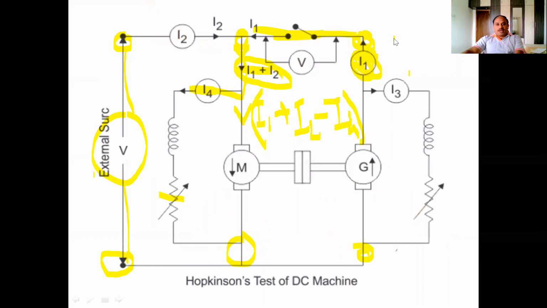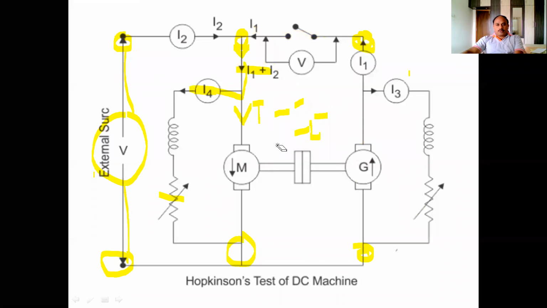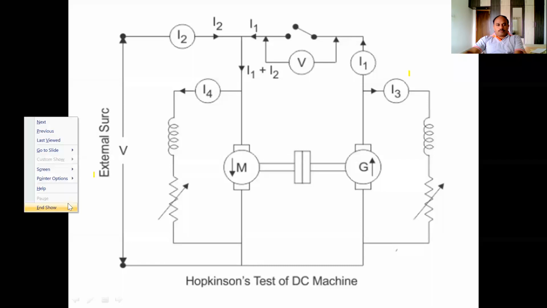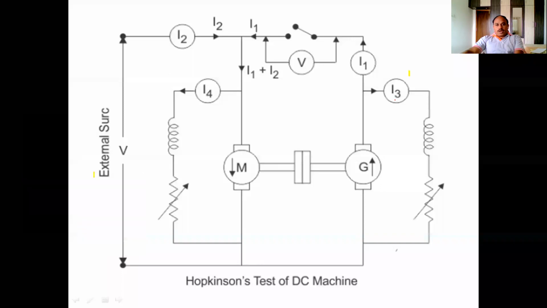The armature current of the generator is given as follows. The current taken by the field is I3, and I1 is the current delivered by the generator. That means the total armature current is I1 plus I3.